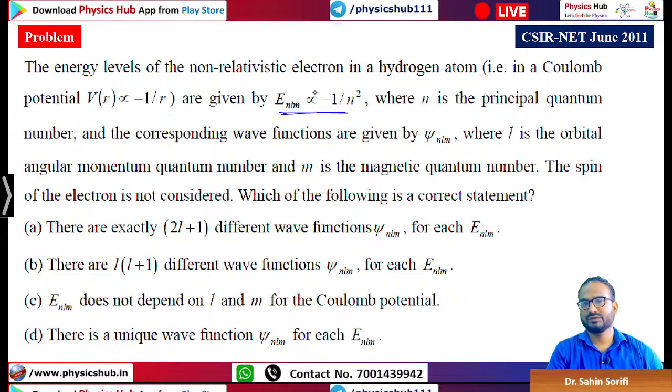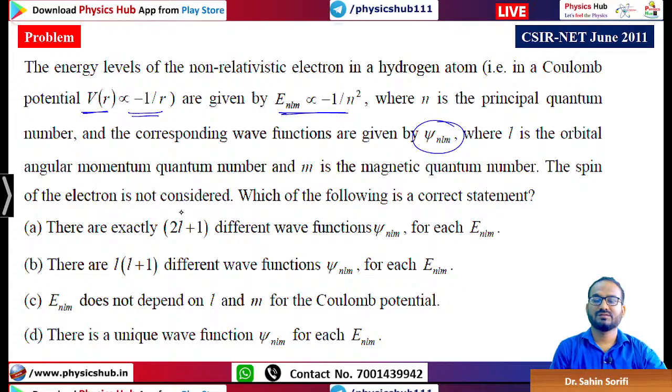Coulomb potential is minus e square by 4 pi epsilon naught r, you have seen. n is the principal quantum number and the corresponding wave function is psi n l m, where l is the orbital angular momentum quantum number, m is the magnetic quantum number. The spin of the electron is not considered. Which of the following is a correct statement?